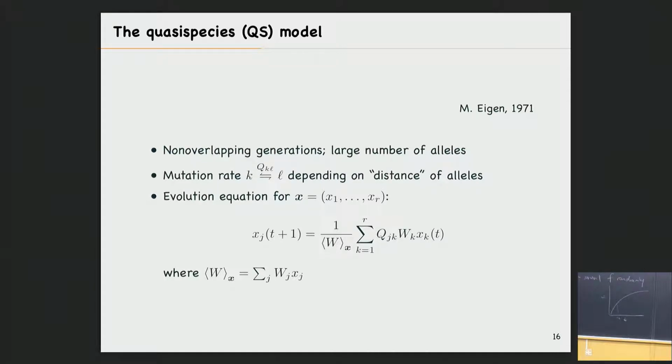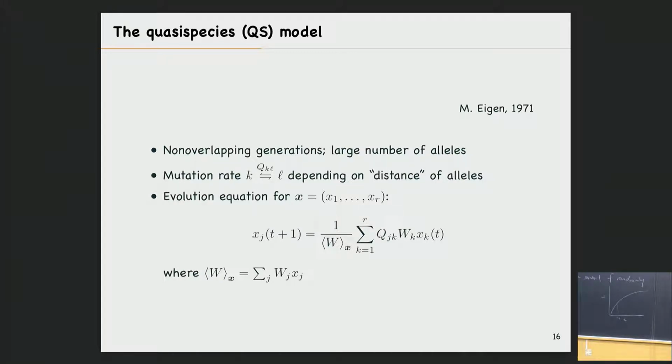So this is the quasi-species model. Let's remind ourselves what enters a quasi-species model. The population is infinite, and the mutation rate depends on the distance of alleles.